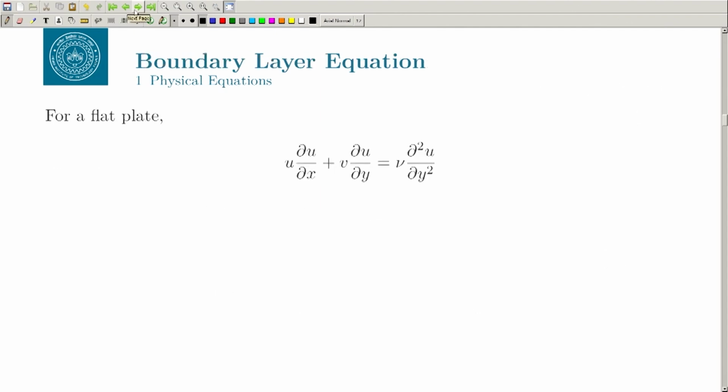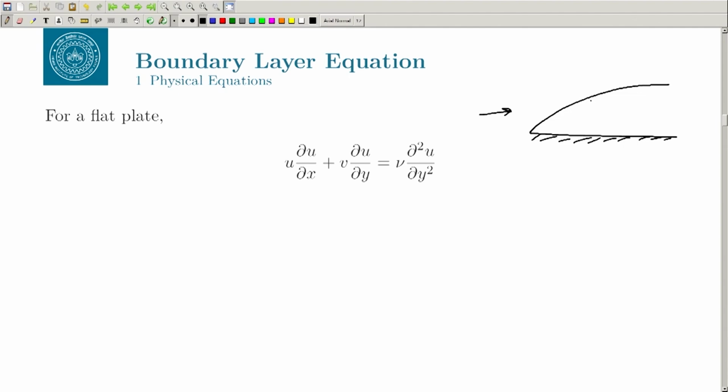The other equation that you know is the boundary layer equation. I am just looking at some of the equations that you already know from your heat transfer and fluid mechanics courses. If the flow is happening from the left and this is the edge of a flat plate, the boundary layer will start developing, if you have read about the boundary layer theory.